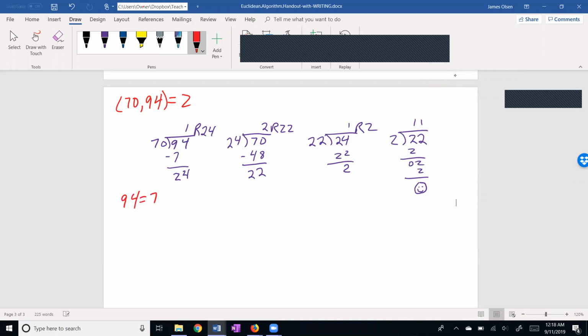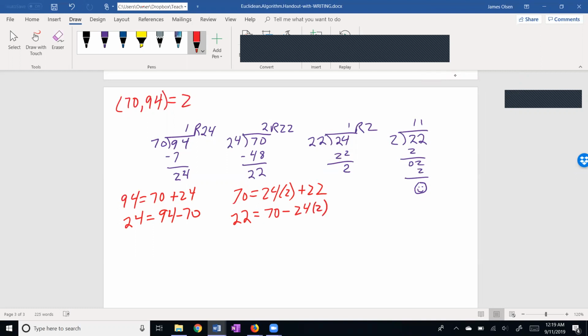94 is 70 times 1 plus 24, so the remainder is 94 minus 70. In the second case, 70 is equal to 24 times 2 plus 22. If I solve for my remainder, I get 22 equals 70 minus 24 times 2.